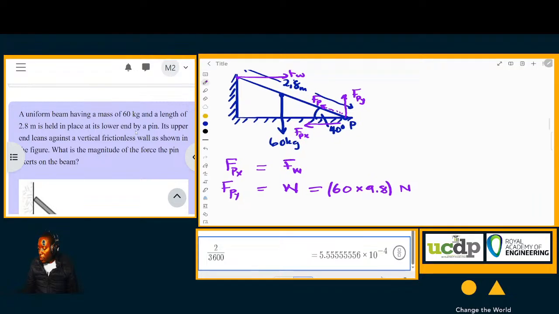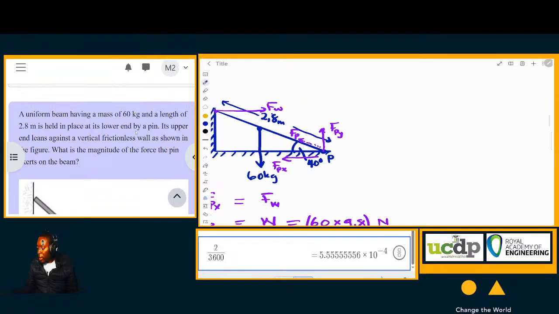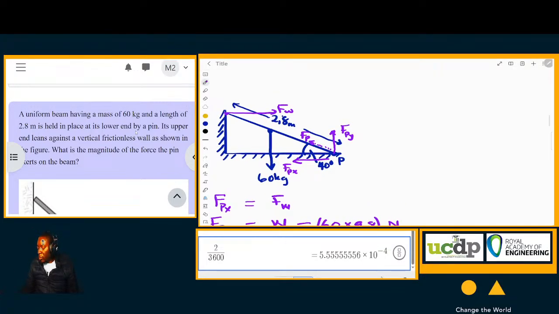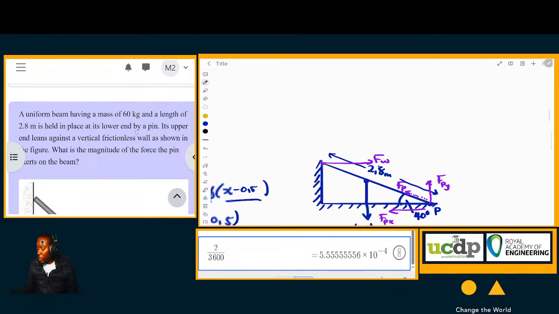But for Fw, we need to find moments. So for our moments, we'll take moments about P. We have to consider moments about point P so that we don't have anything to do with the Fp in our calculation for moments.